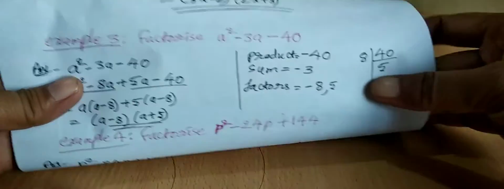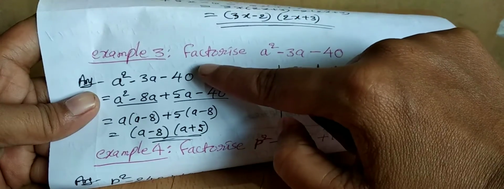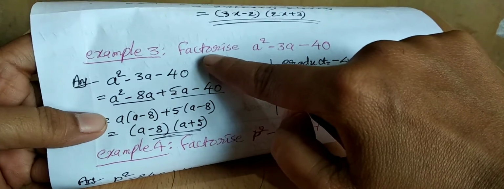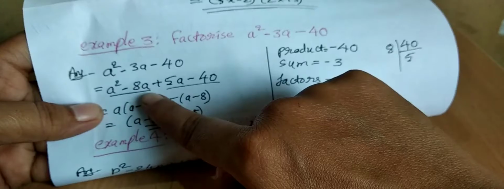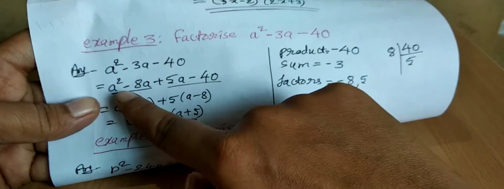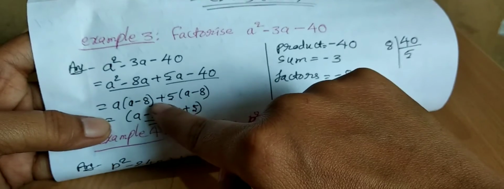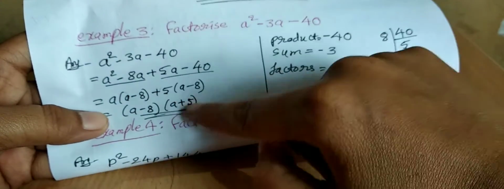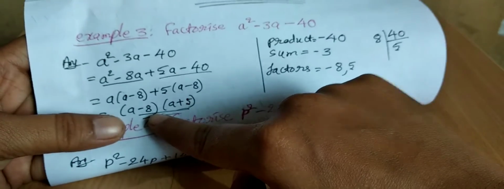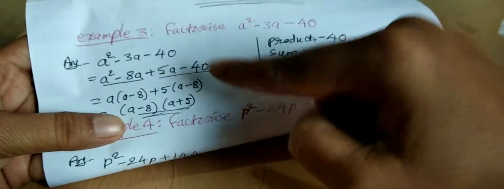Using this, I will split the middle term. a square minus 3a minus 40 is a square minus 8a plus 5a minus 40. a into a minus 8 plus 5 into a minus 8. a minus 8 is one factor, a plus 5 is the other factor.